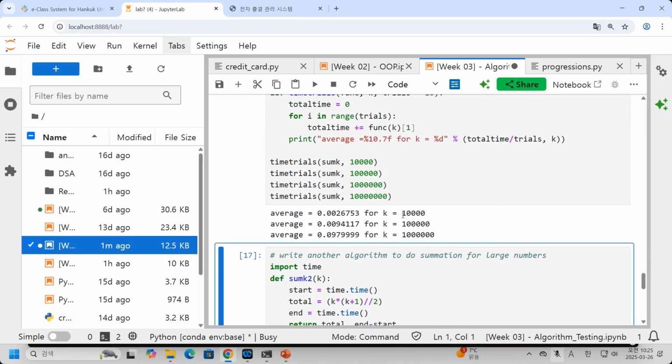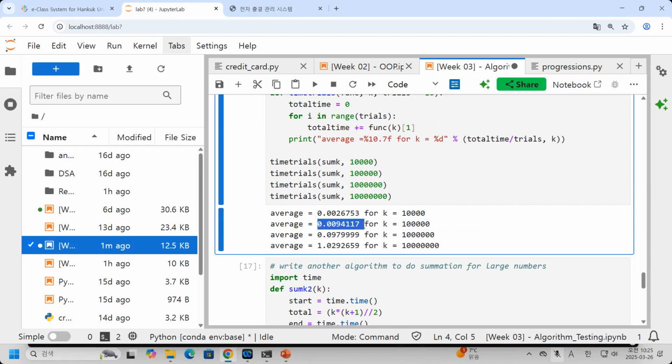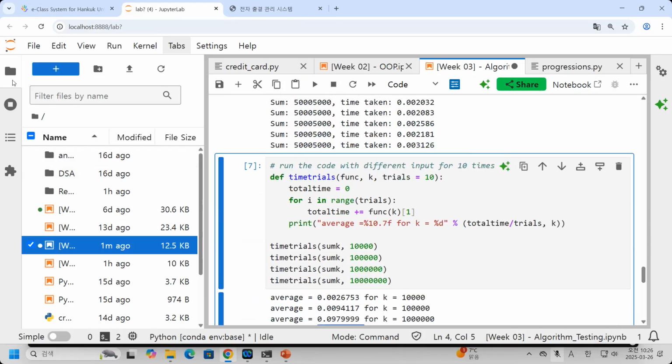If the number is 10,000, it will take about 0.02. If the number is 100,000, it will take this amount of time. If the number of data is 1 million, or 10 million, then it will take about 1 second to solve the problem. Then you can see this one is n time, O(n).